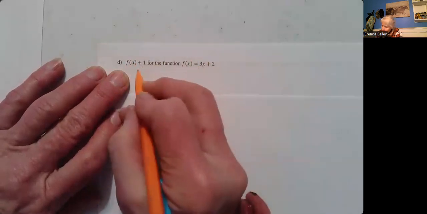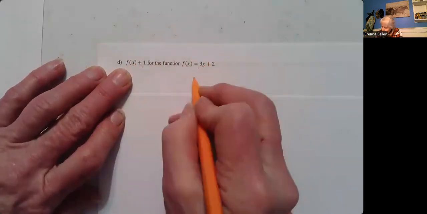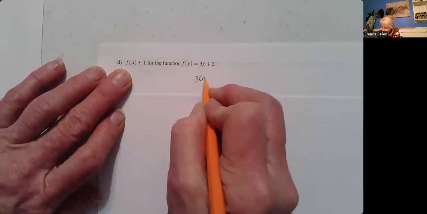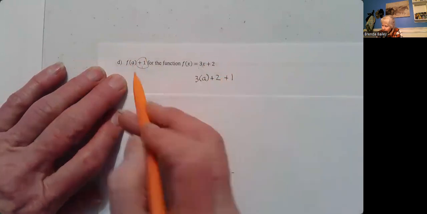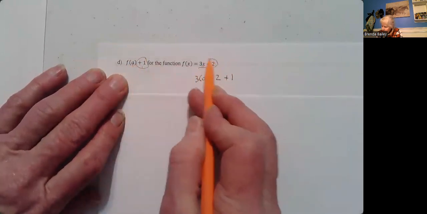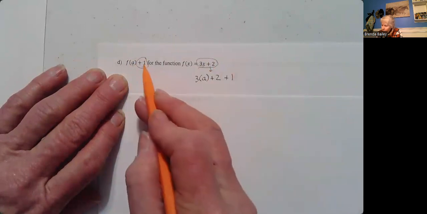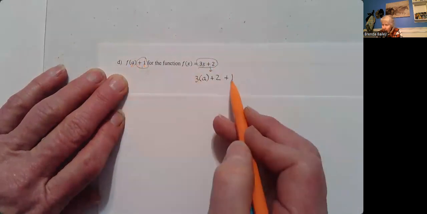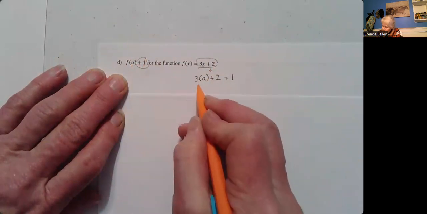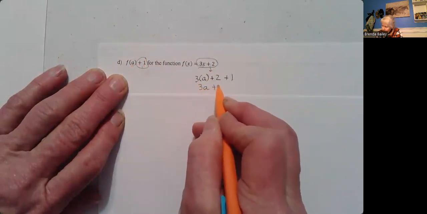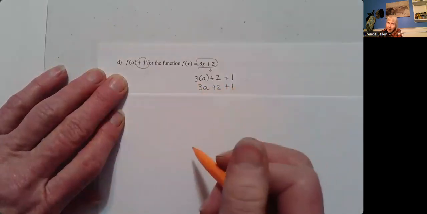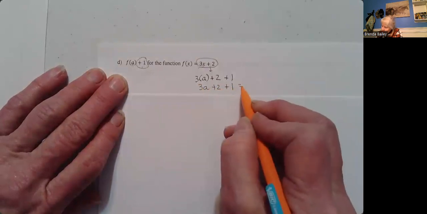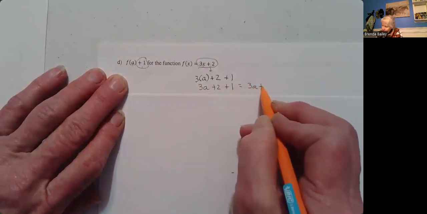So f of a, I'm going to put an a here, and then I'm going to add 1 to that answer. So this is 3a plus 2 plus 1. Pearson would count this wrong. Sorry about that. So this right here becomes 3a plus 3.